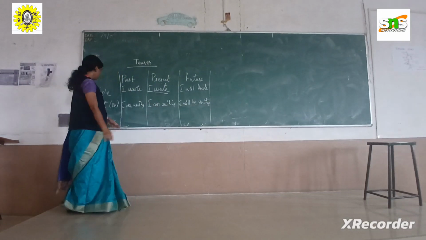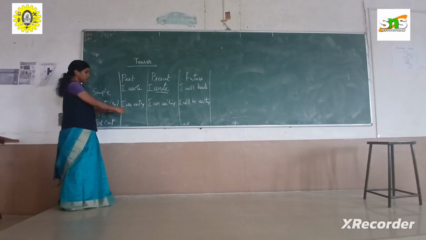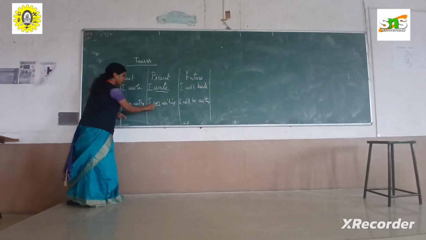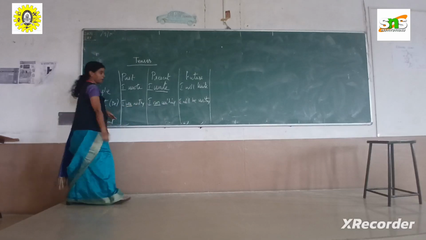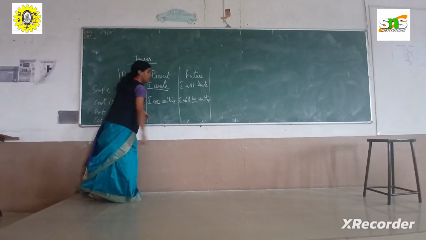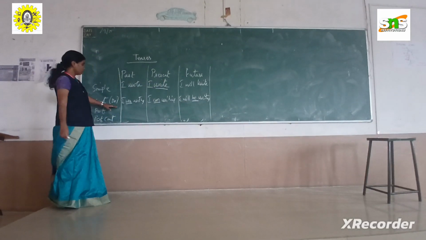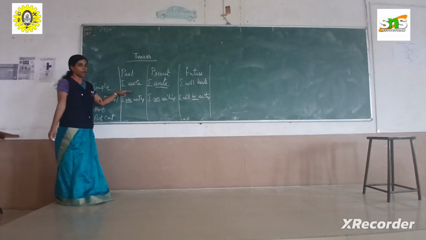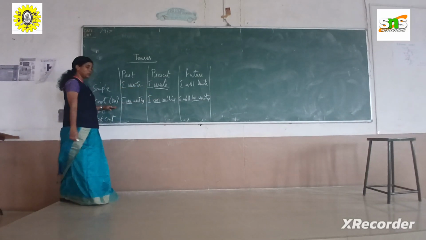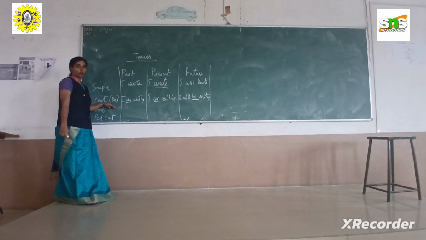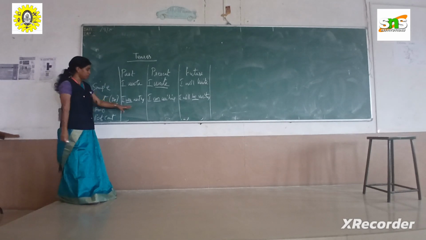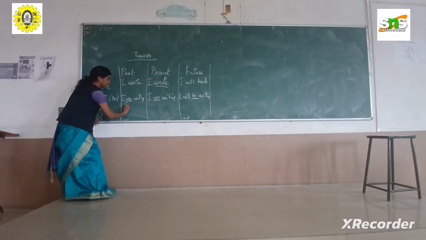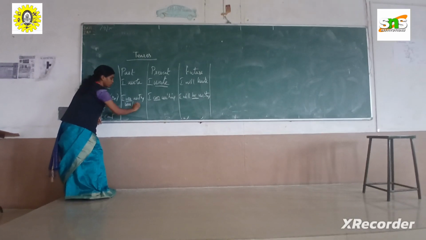So if you look closely at the sentences we have written, I am using am in the present tense, was in the past tense, and be in the future tense. So when it comes to continuous tense, be it past, present, or future, we are using only be verbs. We don't use any other verb. So in continuous tense, if it is past tense, we are supposed to use was or were.